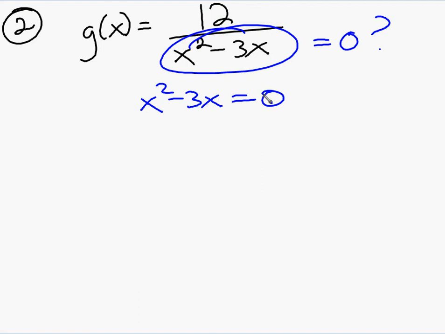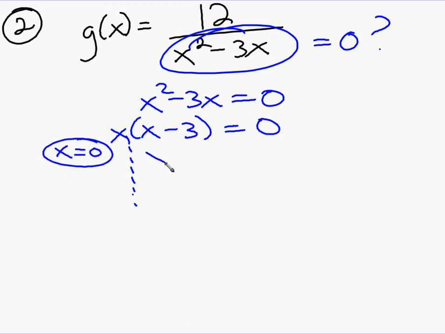So we know how to do this. That's a quadratic. It's not a three-term quadratic, so I'm just going to factor x out of both, take an x out of both, and now I can split it up into x equals 0 and x minus 3 equals 0, which when I solve that, I get x equals 3.